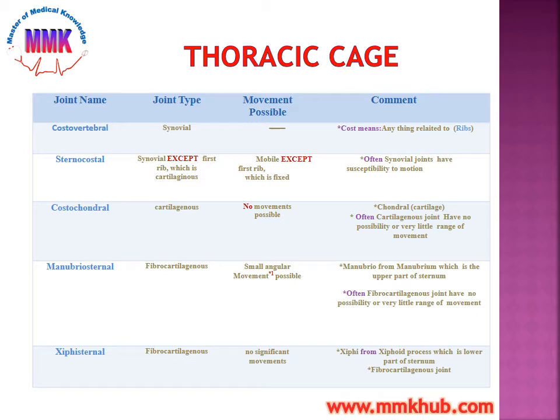Then the manubriosternal joint is a fibrocartilaginous joint. Small angular movement may be possible. And then the xiphisternal joint, which is also a fibrocartilaginous joint, and there is no significant movement possible at this joint.